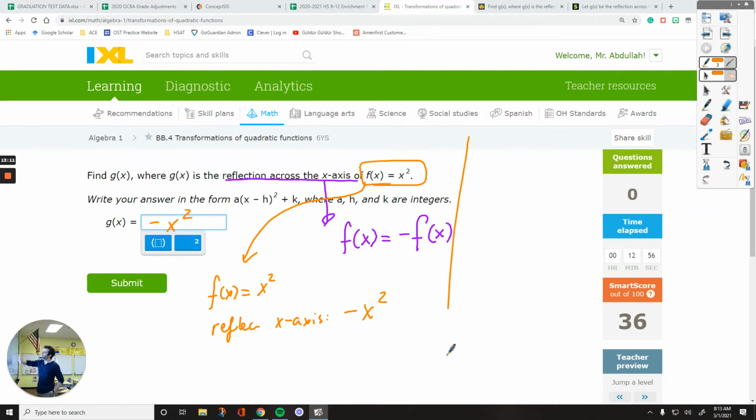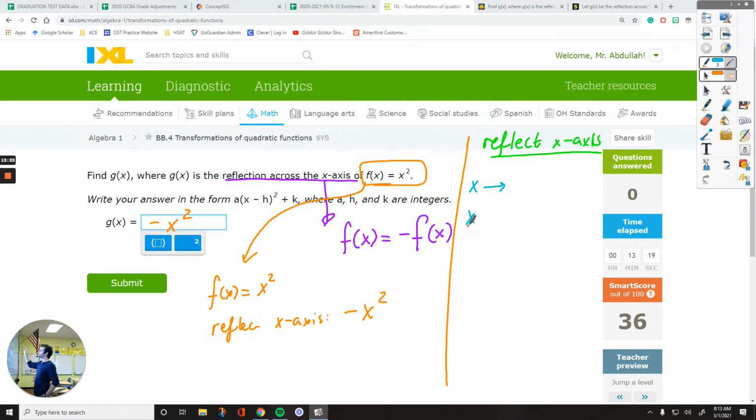Now here are the examples that I want to show you. All of them are going to be about reflecting over the x-axis. Let's start with something easier.